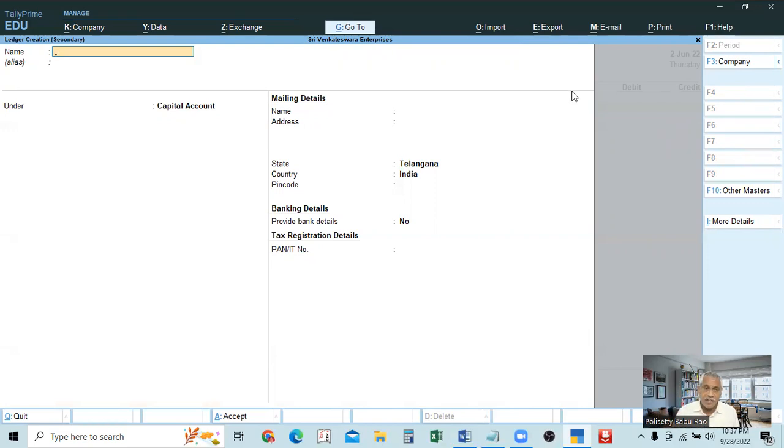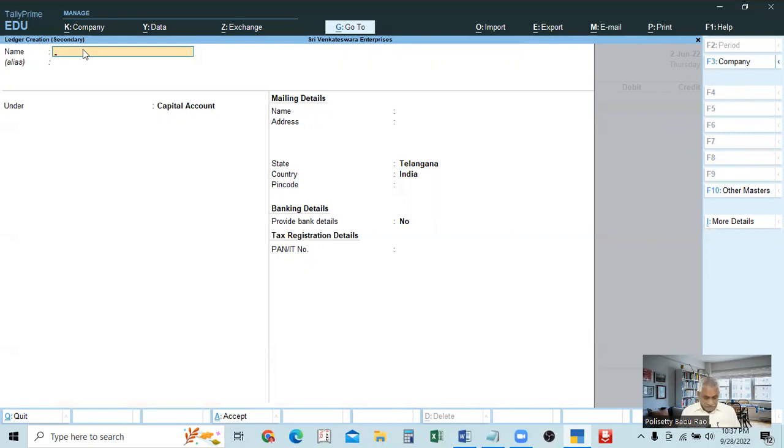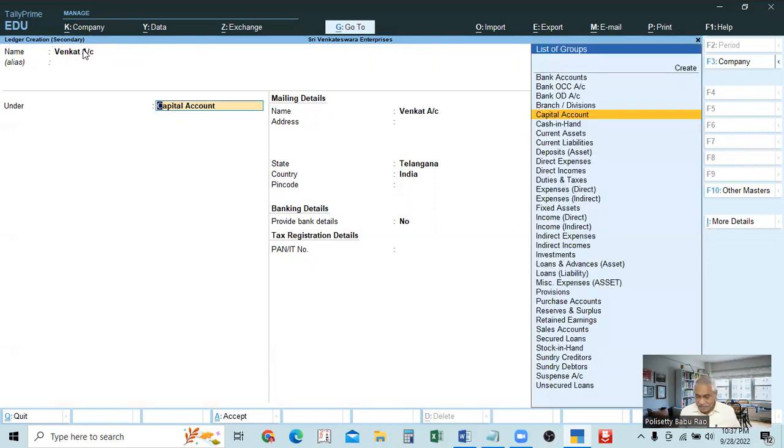You can click that also. The same window will open, but this is a secondary method. So ledger creation secondary. Here we have to copy the name. What is the name? Venkat, sorry. Venkat account.